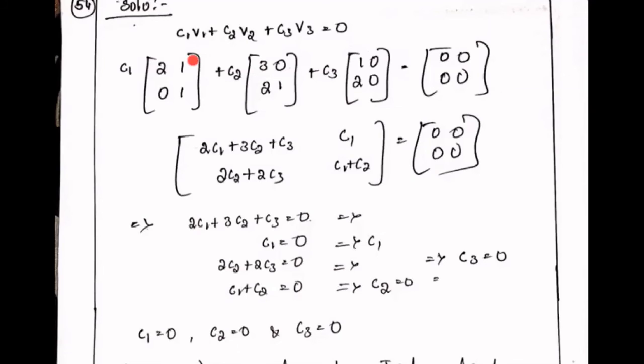Here 1 plus 0 plus 0. So here 1 means C1, right? C1 plus 0 plus 0, what you get is C1. Here 0 is there, so no C1 term comes. Here 2C2 is there plus 2C3, right? So that is what you got here.